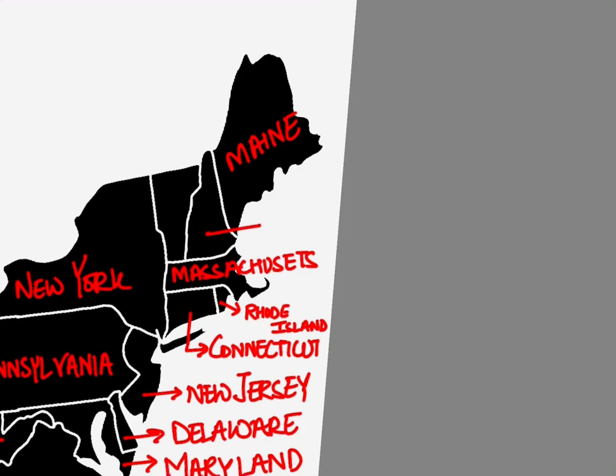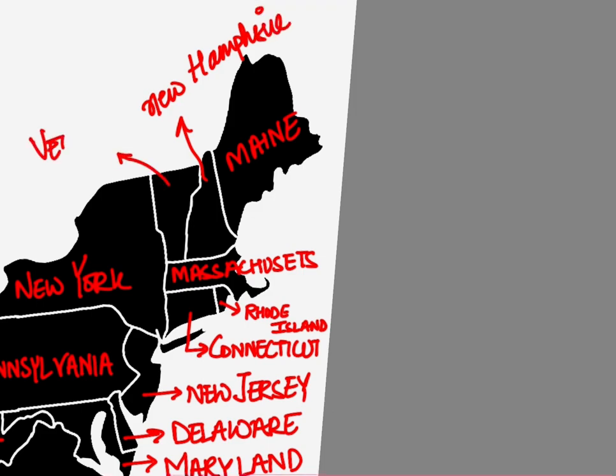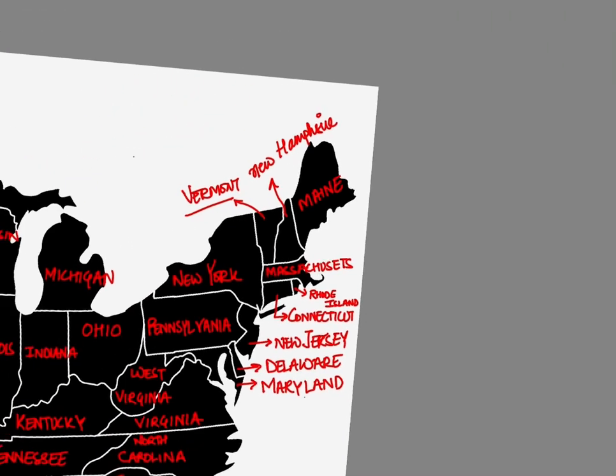This would be, let me mark it over this side, New Hampshire. And the last state we have to mark is Vermont. Vermont is towards the east of New York and north of Massachusetts.